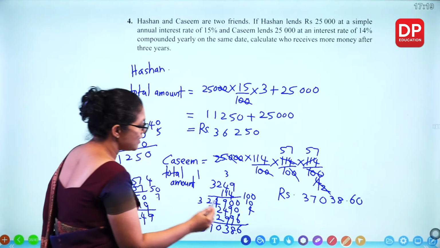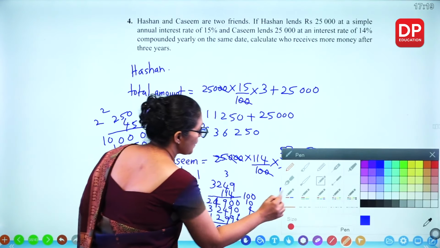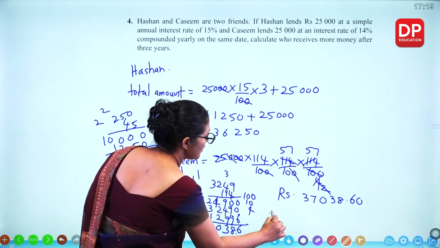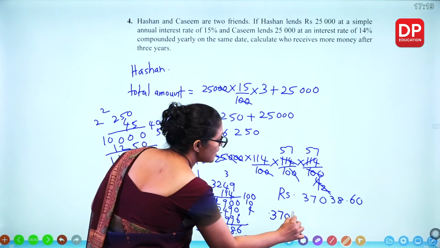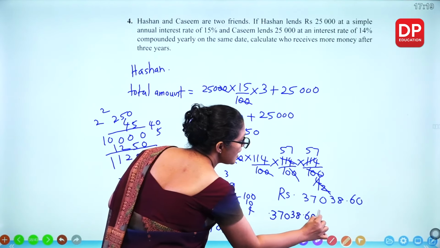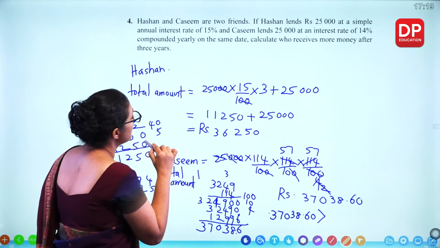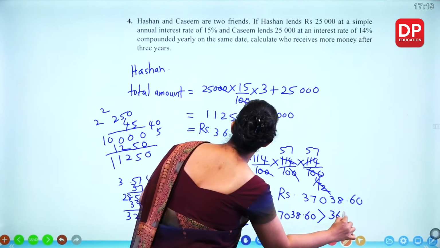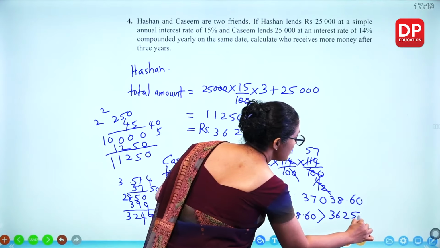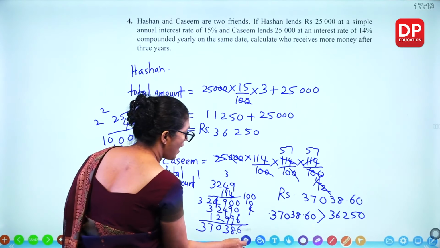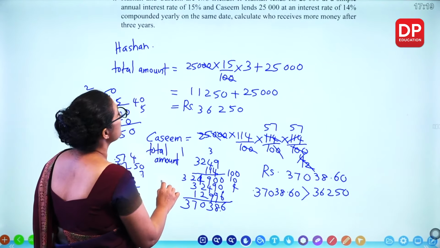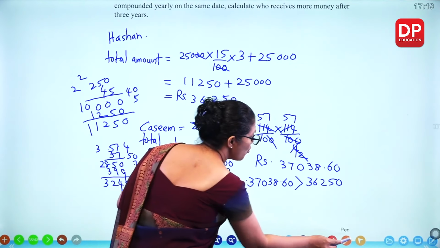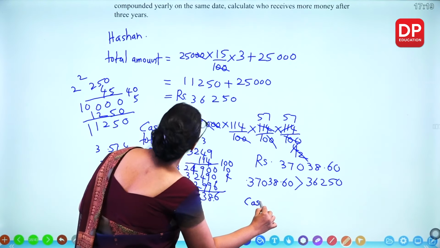So we can write down: 37,038.60 is more than 36,250 rupees. So you can write down, Kasim receives more than Hashan.